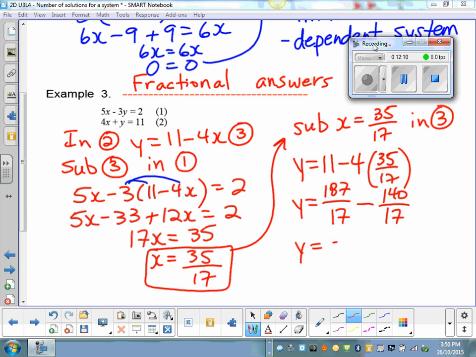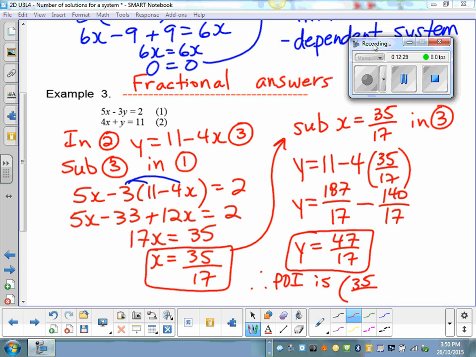Okay, so if I do 187 minus 140, I get 47 over 17. So there's the y. So therefore, point of intersection is 35 over 17, 47 over 17. Okay, great.